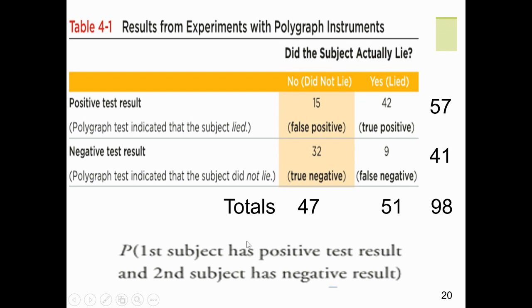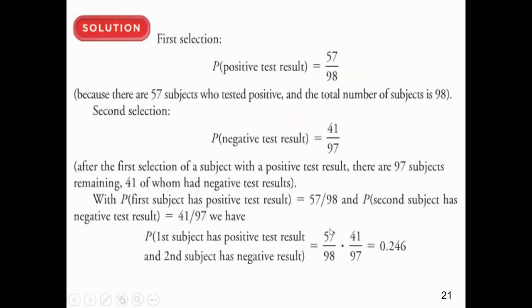All right, so first time out, what's the probability of getting a person with a positive result? Well, how many people had a positive result? 57 out of 98. How many people had a negative result? Well, there's 41. But guess what? I haven't got 98 people. I've only got 97, because that first person I took out of the mix, the person who had the positive result. These events are dependent.